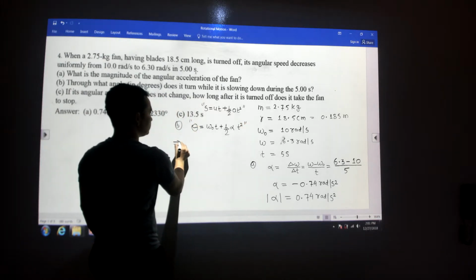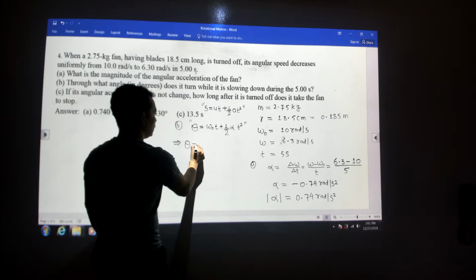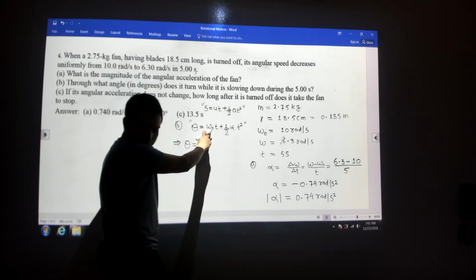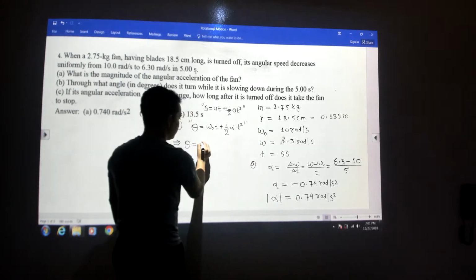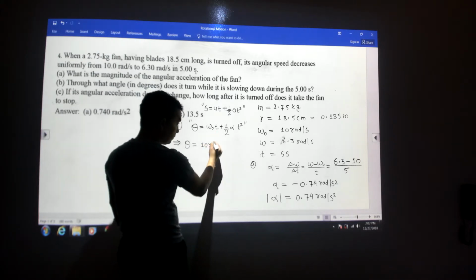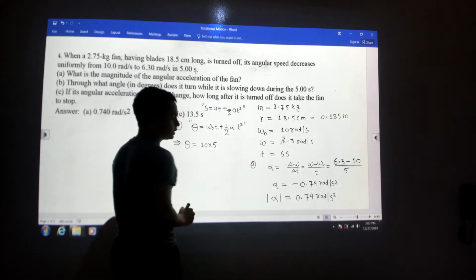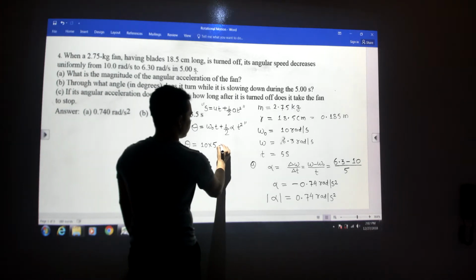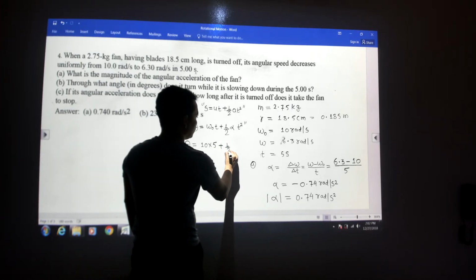We need to find out the theta here. What is the initial angular velocity? It is given as 10. And then the time is 5 seconds, this is 5. Half. What is the alpha?